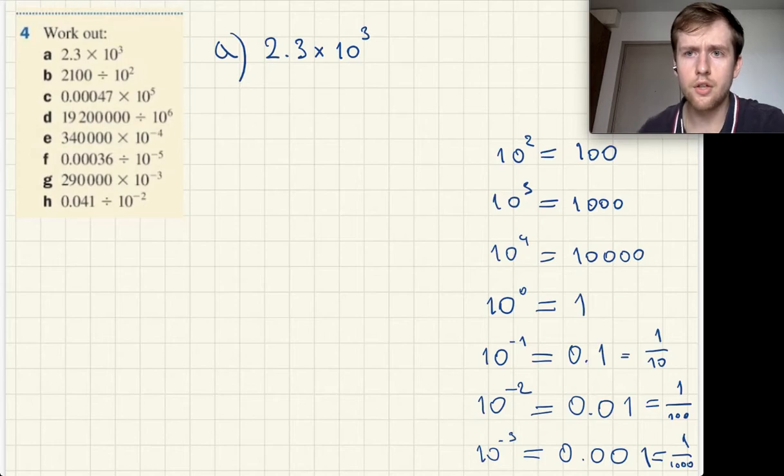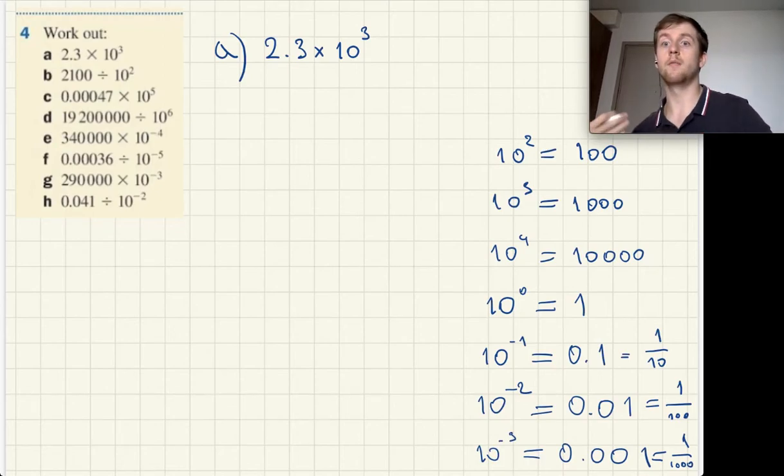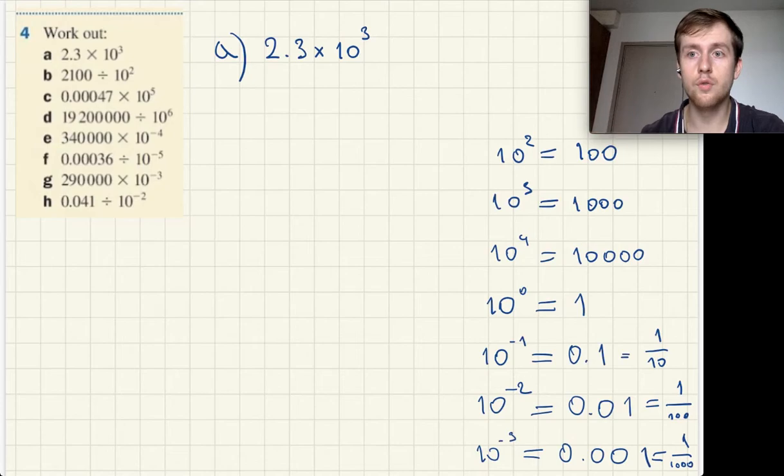Okay, so how do we actually solve this? 2.3 times 10 to the power of 3. Because we multiply and it's 10 to a positive power, the number is going to increase.